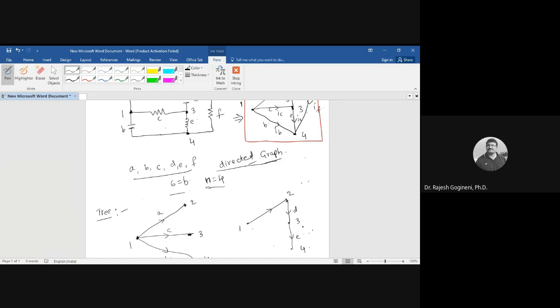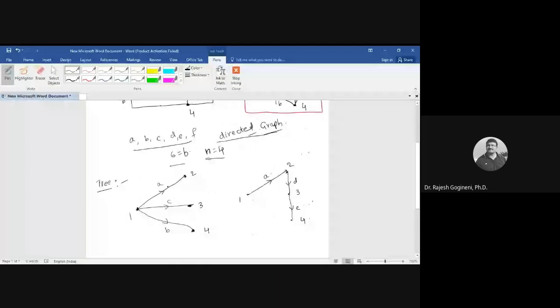A, D, E: the branches ADE form a tree. Likewise, ACB is also one tree. Can anyone tell me one more tree for this network or graph?